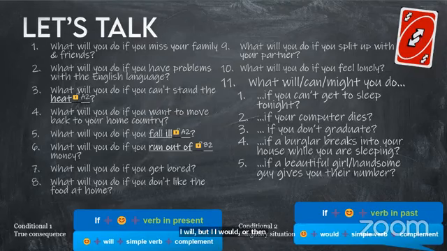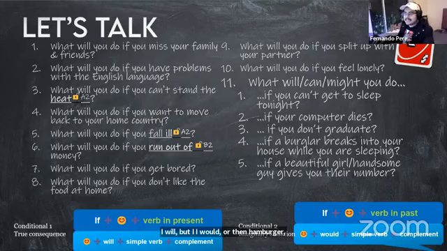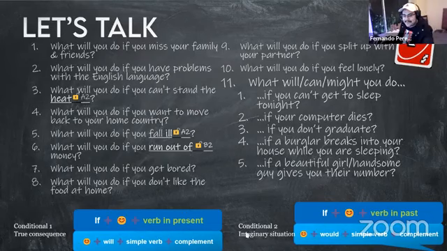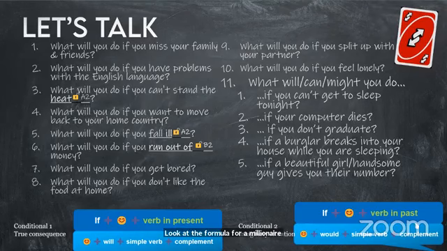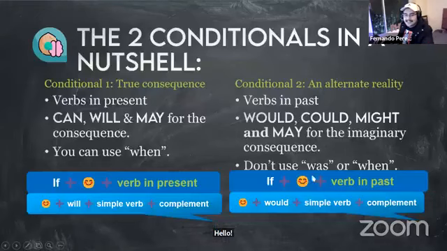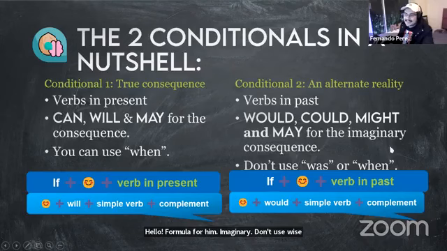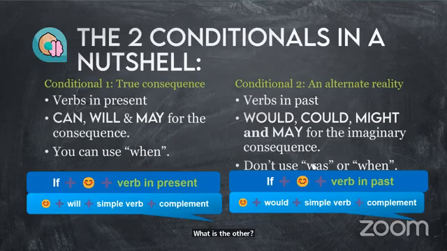Very nice. Excellent. Now, if the restaurant is open, is this real or imaginary? Imaginary. So you cannot say is. Look at the formula for imaginary. Don't use was. What is the past of be?